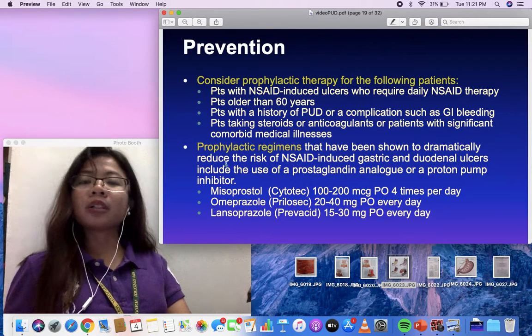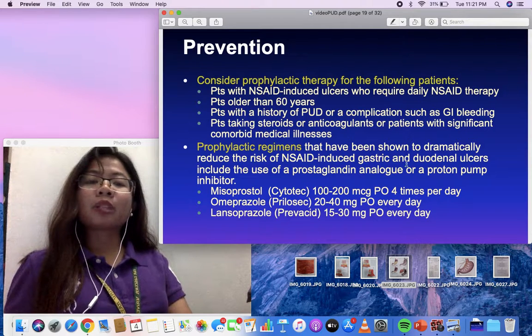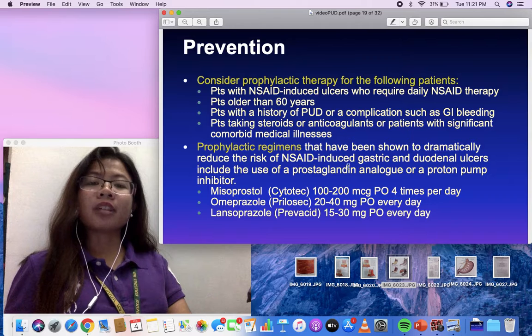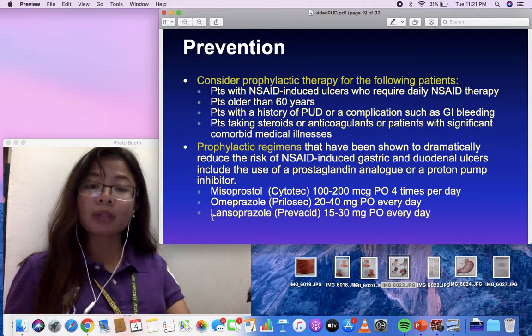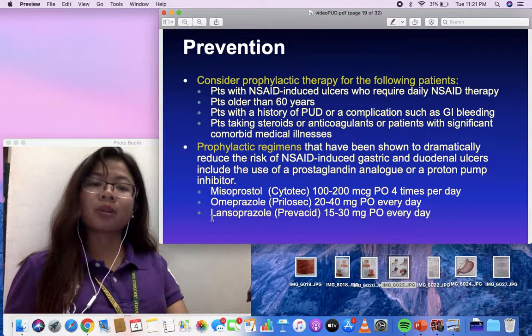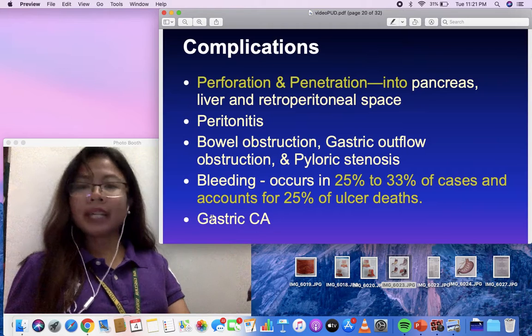Another prevention is the prophylactic regimens that have been shown to dramatically reduce the risk of NSAID-induced gastric and duodenal ulcers, including the use of prostaglandin analog or the PPI or the proton pump inhibitor. Here, the misoprostol, omeprazole, lansoprazole. Next, what are the complications?